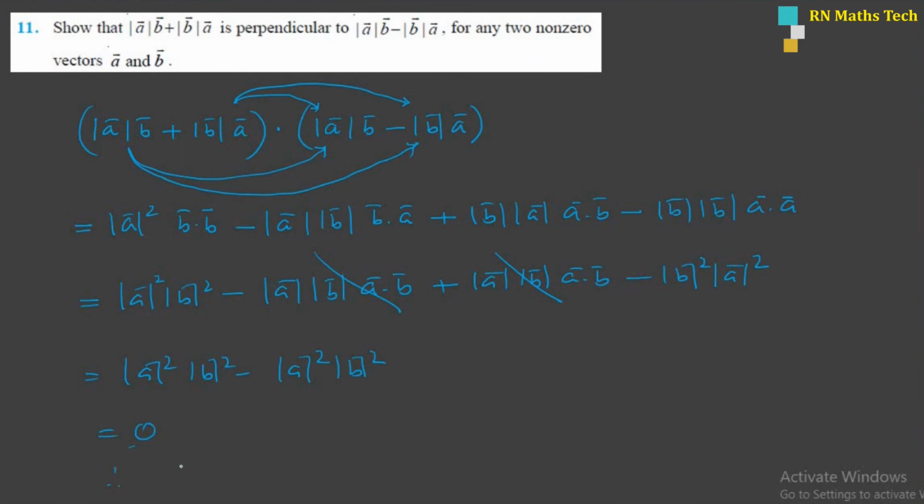Therefore the vectors are perpendicular. Therefore mod a bar into b bar plus mod b bar into a bar is perpendicular to mod a bar into b bar minus mod b bar into a bar. Okay.